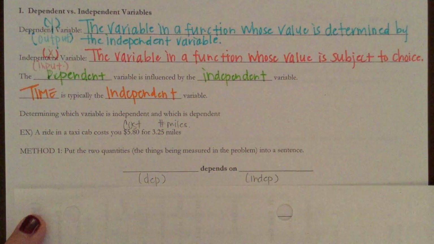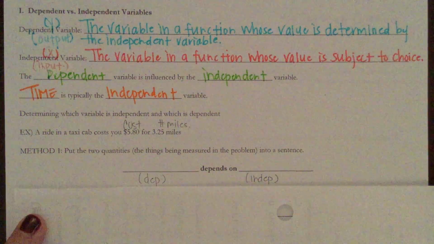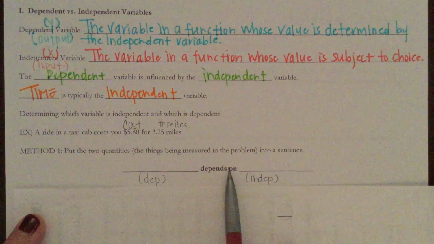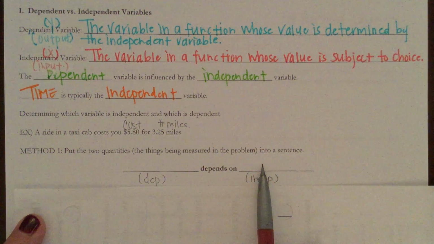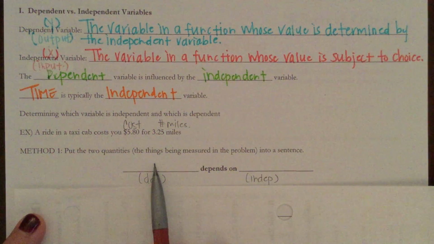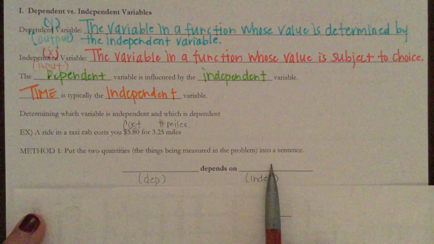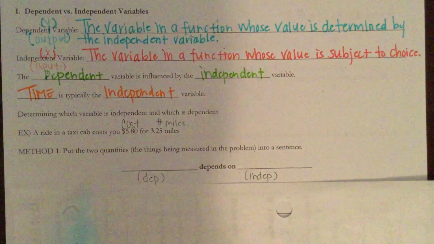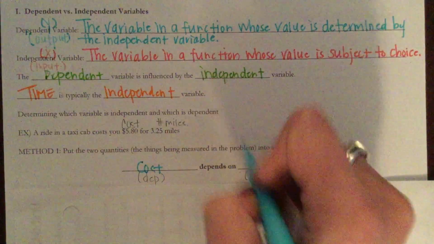Okay. So if we think about the two things that are being measured here, cost and number of miles, does the cost of the trip depend on how many miles I travel? Or do the number of miles that I travel depend on the cost? If you said that the cost depends on the number of miles, you are correct here.